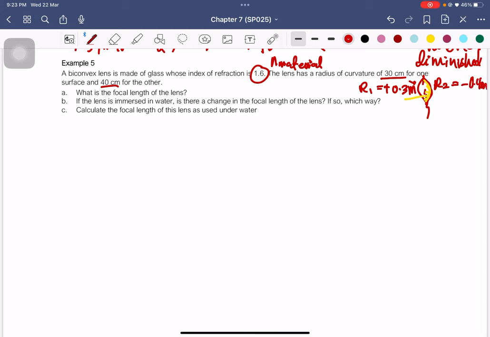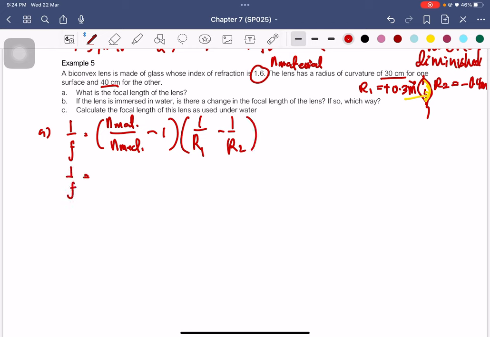Okay, so what is the focal length of the lens? Just use the lens maker's equation, 1 over f equals n material over n medium minus 1, times 1 over R1 minus 1 over R2. It didn't mention whether we are in another medium, so we just assume that this is in air.